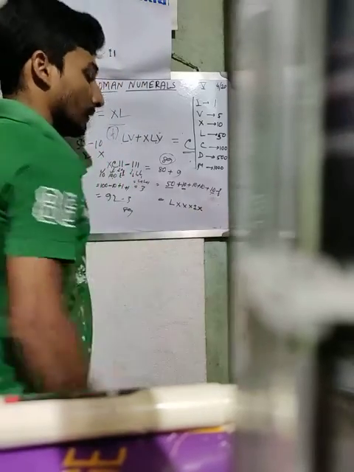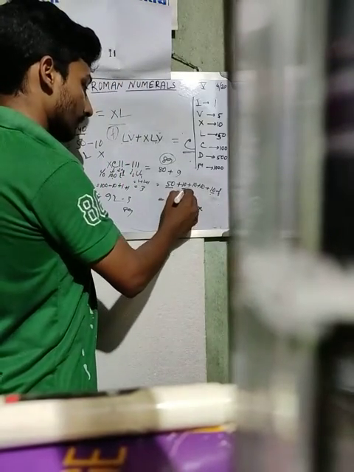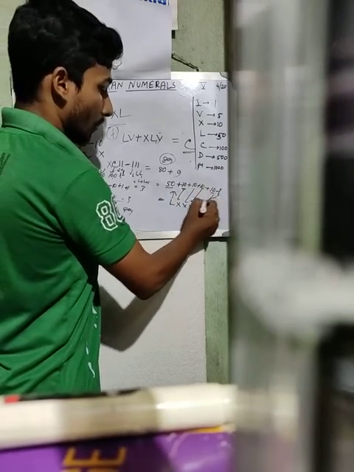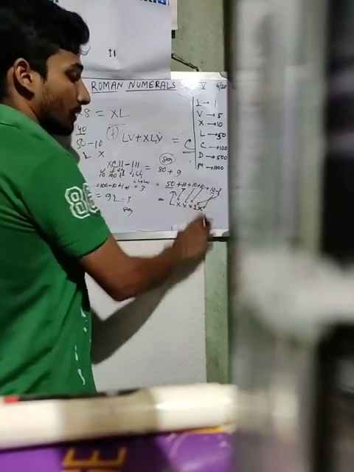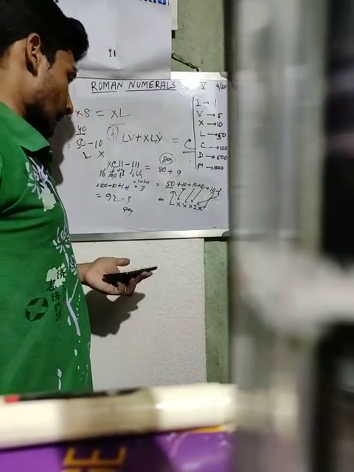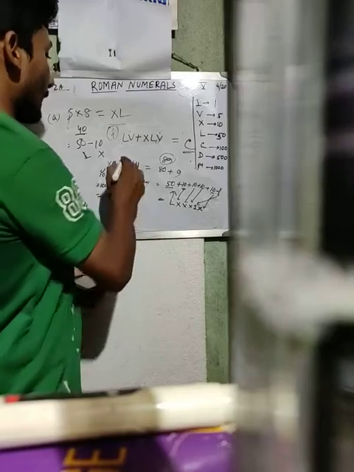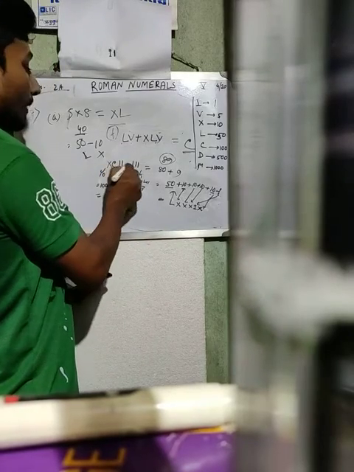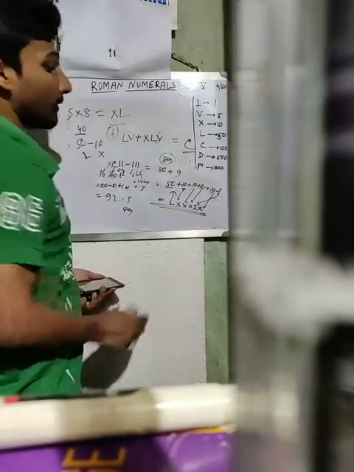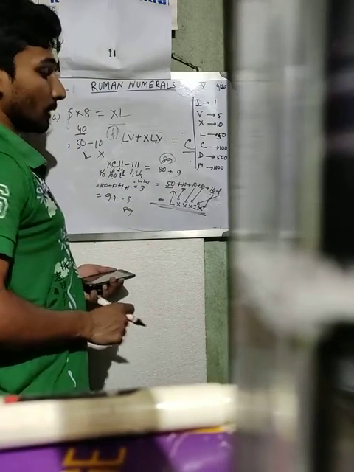Clear? So the answer is XCII minus III is equal to LXXXIX. Clear?